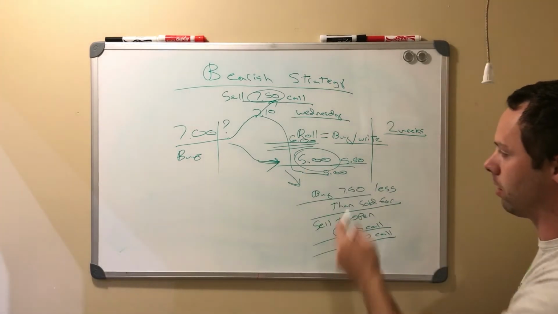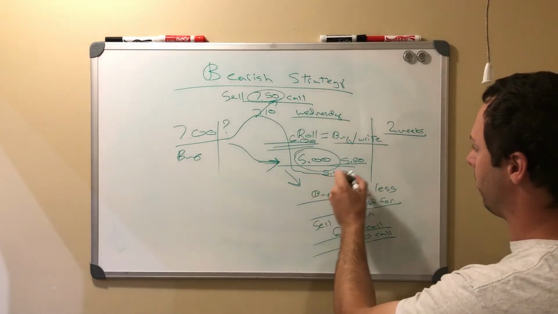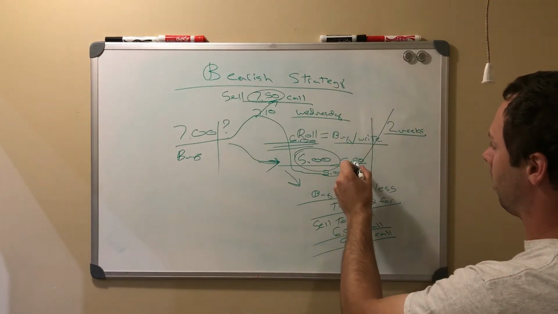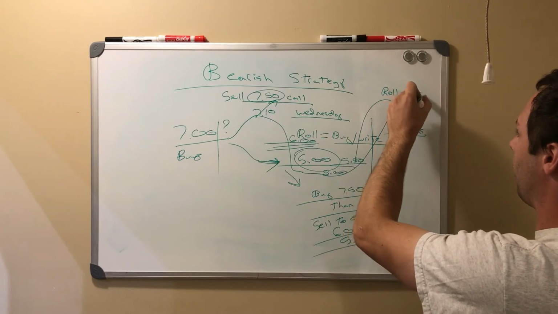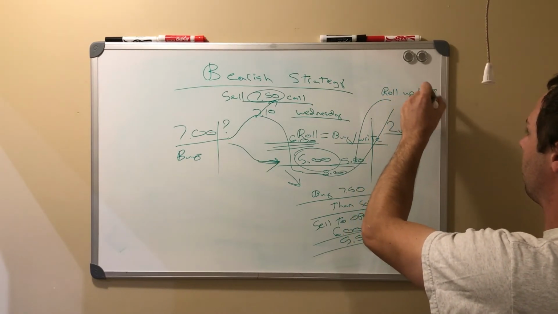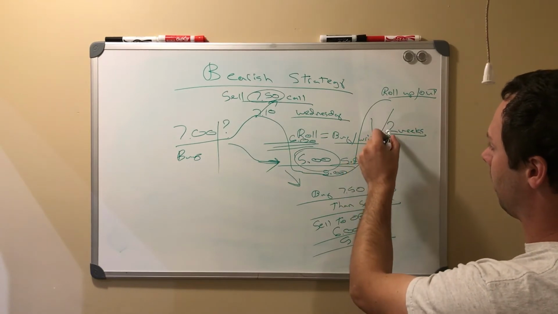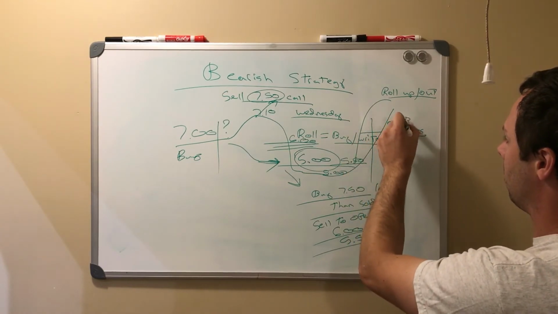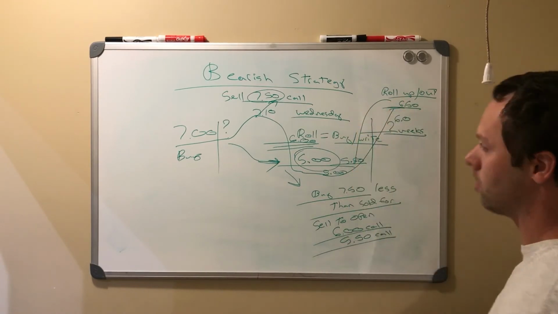So that way I'm still capturing a lot of premium in the trade, but if the stock rebounds quickly, I can roll up and out. Basically, I'm gonna buy this $5.50 back, and I'm gonna sell a $6 or $6.50 call.